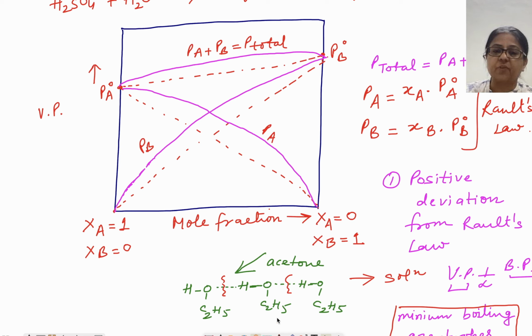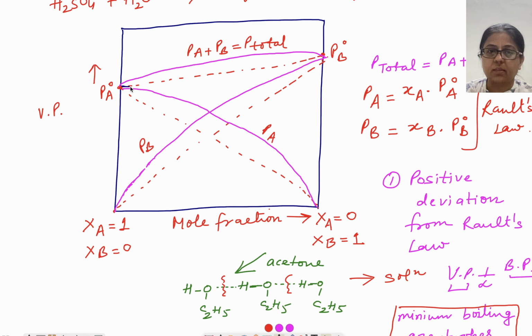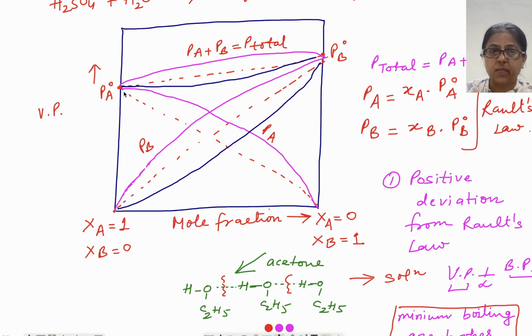But in case of another kind of solutions, there is the negative deviation from Raoult's law. What is the difference between the positive and negative deviation? The line is running below the Raoult's law line in case of negative deviation.